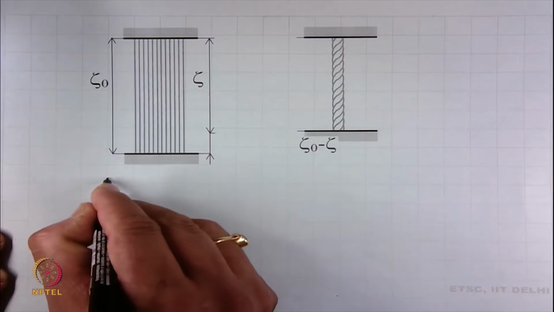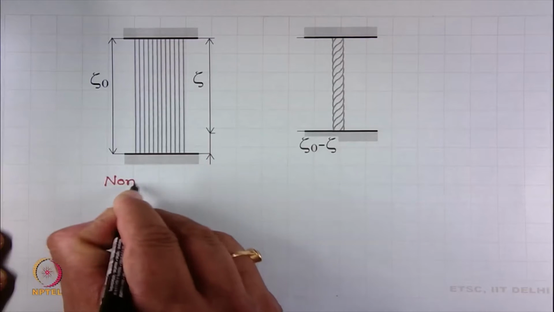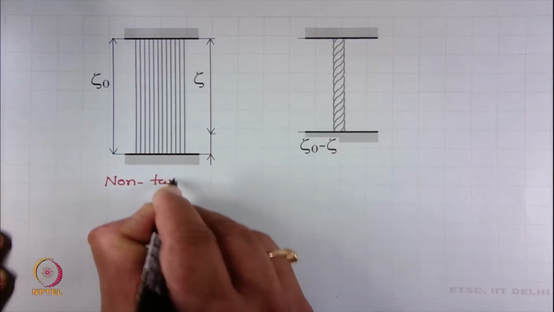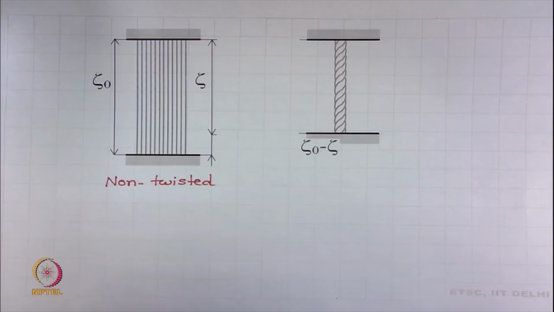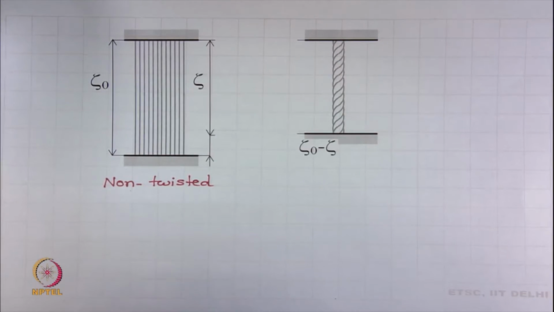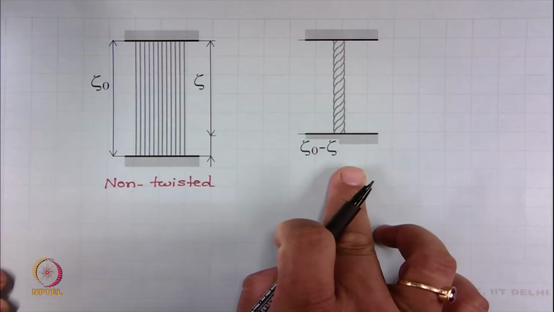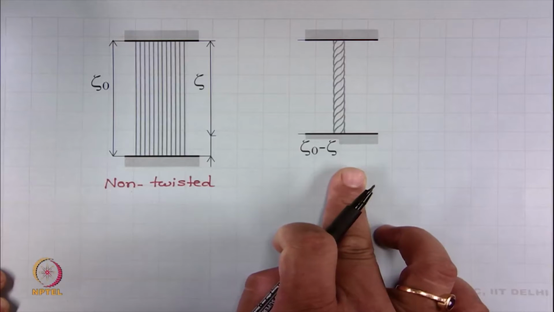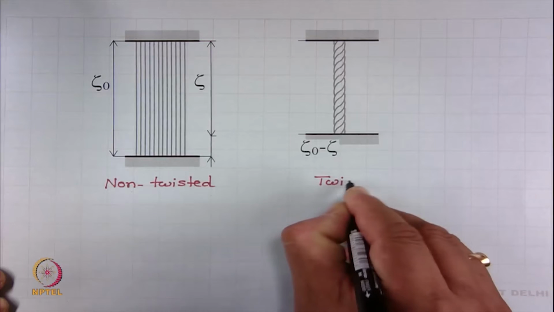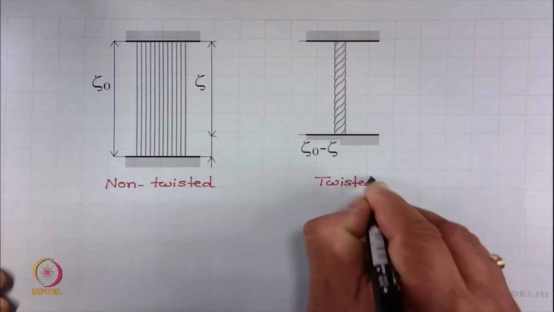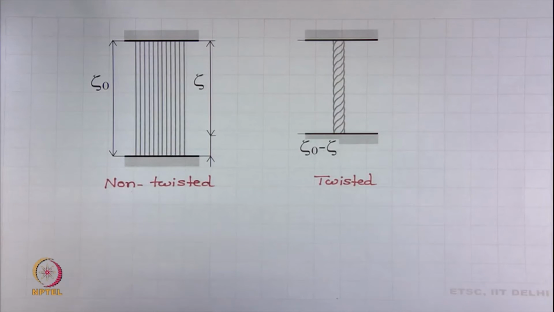So, let us write here non twisted bundle, and this is the result after twisting. So, this is the twisted bundle.